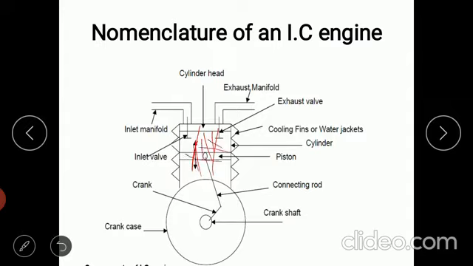Here the air fuel mixture will be filled inside the cylinder. Sometimes the air fuel mixture is filled during the suction stroke itself, sometimes only air during the suction stroke. We will discuss when air will be filled and when the air and fuel mixture will be filled in the upcoming sections. So this is all about the basic components in IC engines.